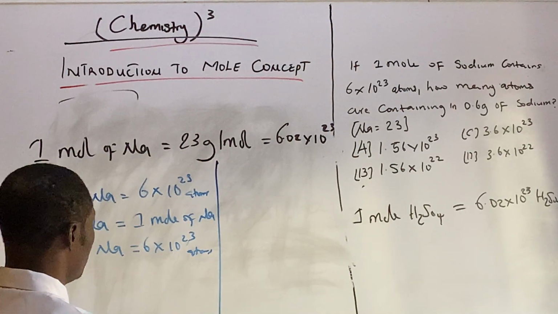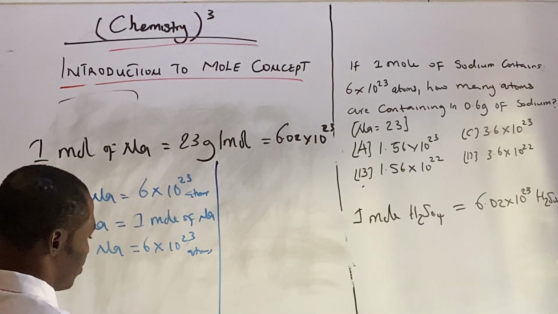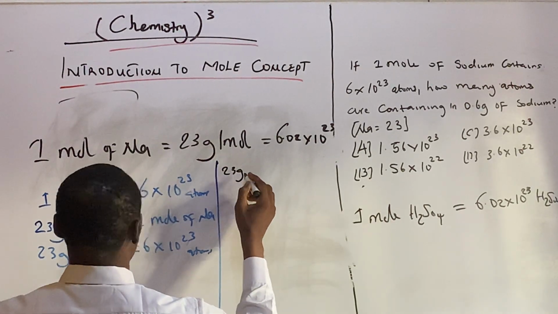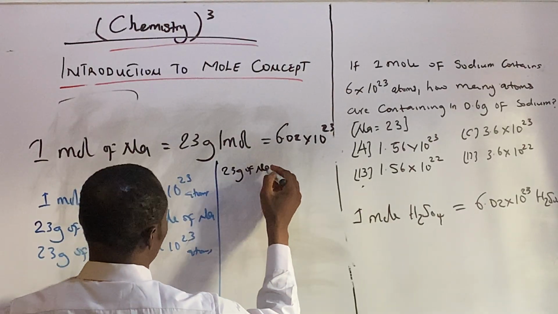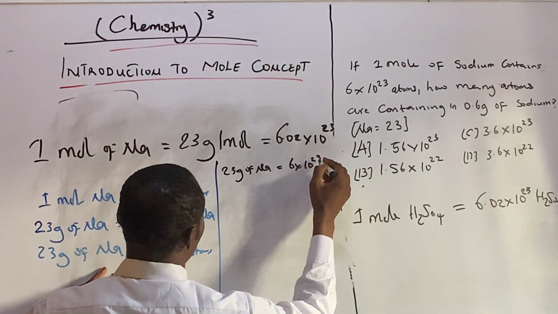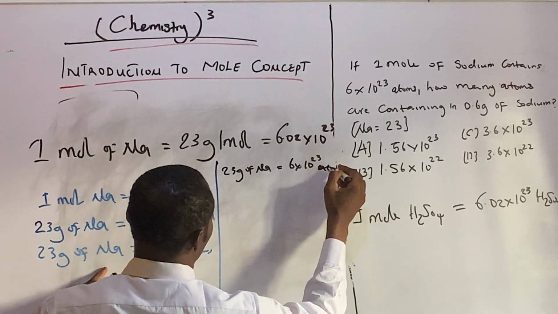Now, what I'm going to do is very easy. Now, look up at the board. So I will have that 23 grams of sodium gives me 6 times 10 raised to the power of 23 atoms of sodium.